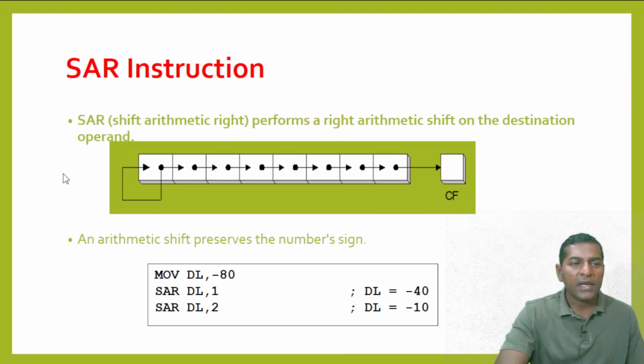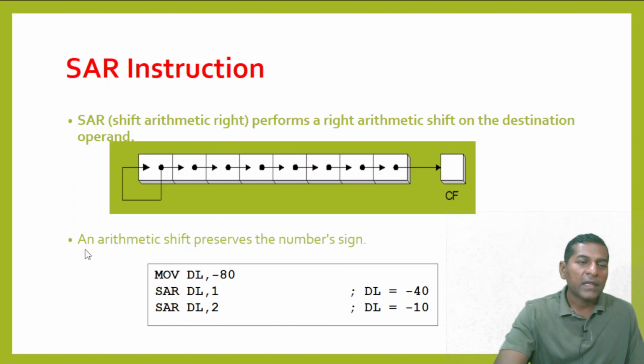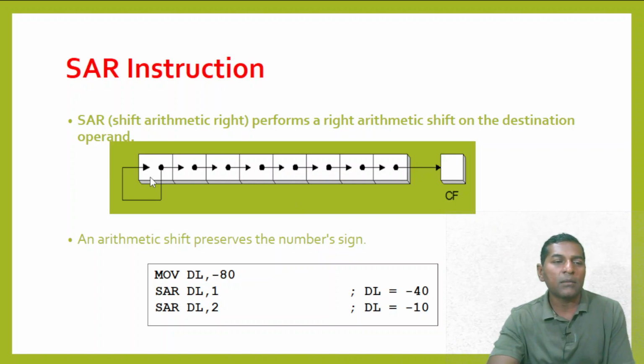Then we have the SAR instruction, shift arithmetic right, which performs a right arithmetic shift on the destination operand. The arithmetic shift preserves the number's sign. We all know that the sign of a number is represented in the D7th bit, and it will remain as it is, but the contents will be shifted.